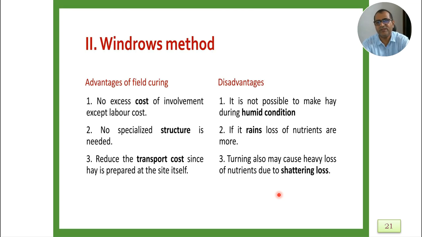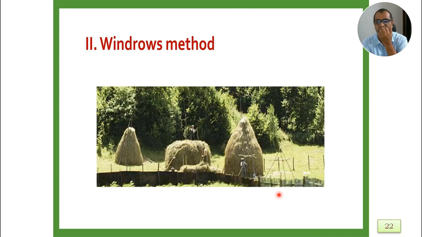So the windrow method has its own advantages and disadvantages. This is the way hay making is done. Here you can see the hay harvested in such a way that it is made into cone shapes. So this is the windrow method.